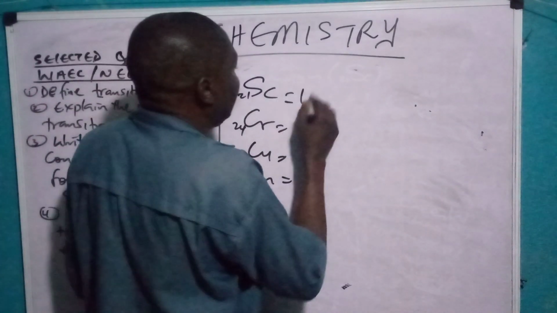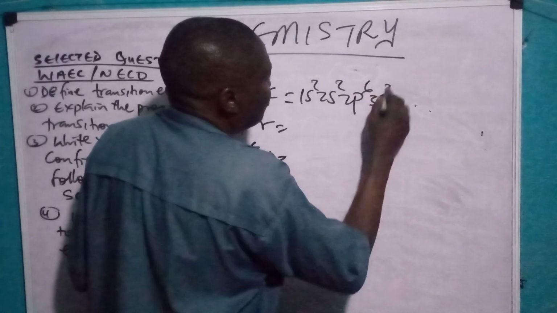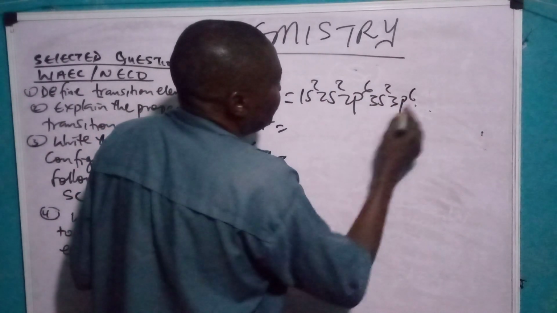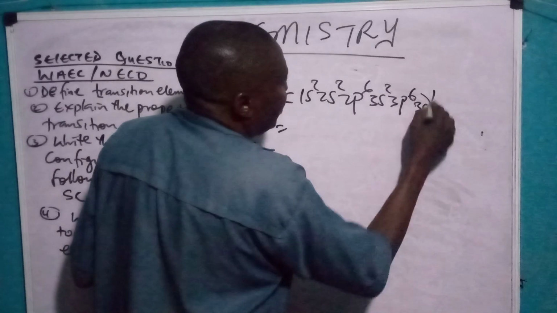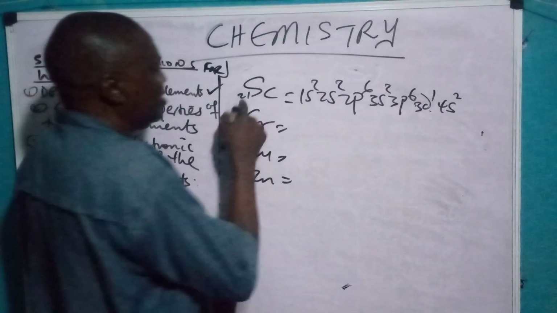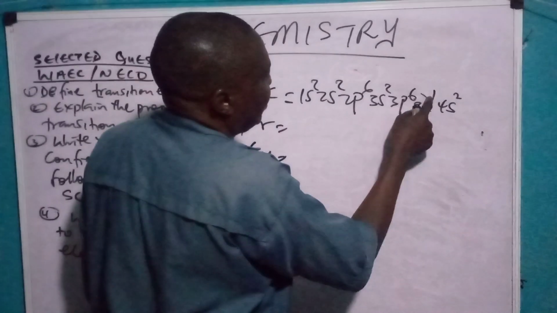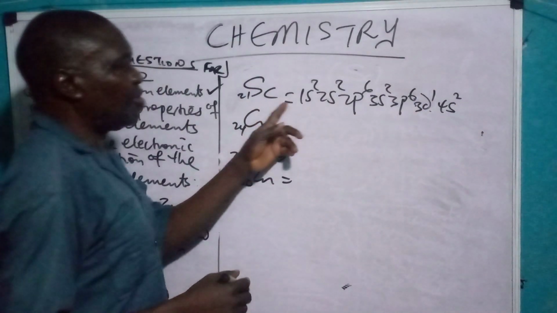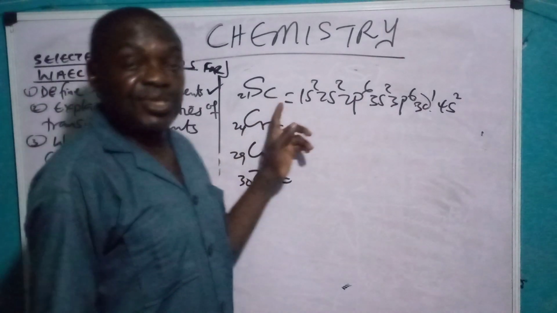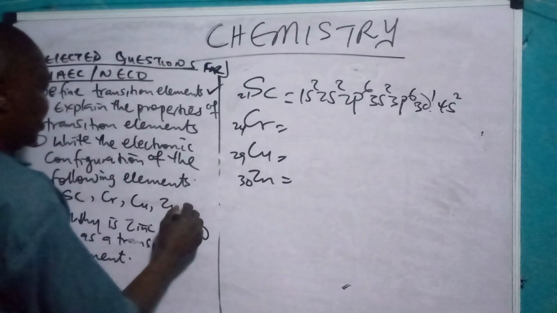So scandium is 1s2, 2s2, 2p6, 3s2, 3p6, 3d1, 4s2. You add it together, that gives 21. This is 10, 18, 19, 20, 20. So this is the electronic configuration of scandium using the SPDF notation, which they request from us.